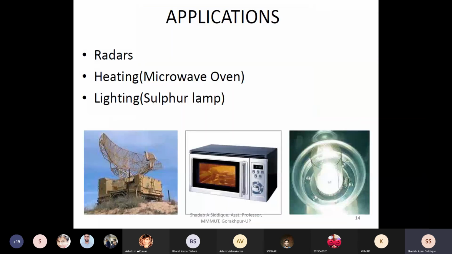Now we'll see the applications. It is used in radar for high power application, and in high frequency applications, as a microwave generator.